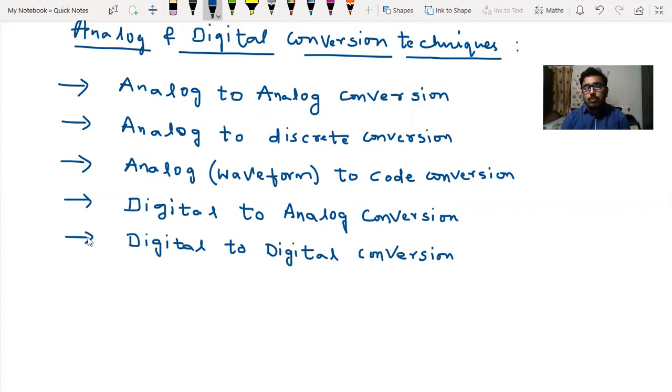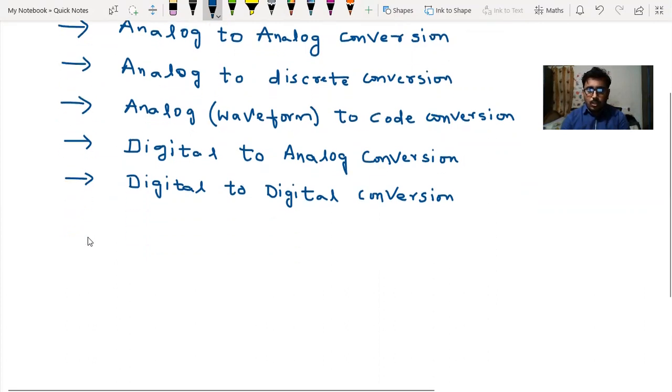So suppose we take the first methodology, analog to analog conversion. In analog to analog conversion, which types of modulation techniques are used? Okay, so let us take the first one, that is analog to analog.